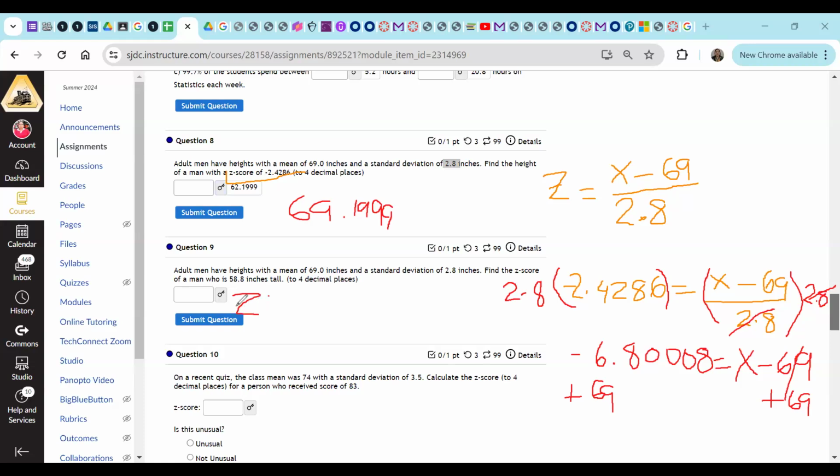You will say z-score equal to, here the x value is 58.8, minus the mean, which is 69. Whole thing divided by standard deviation, which is 2.8. When you calculate, let me know your answer, and I will verify.